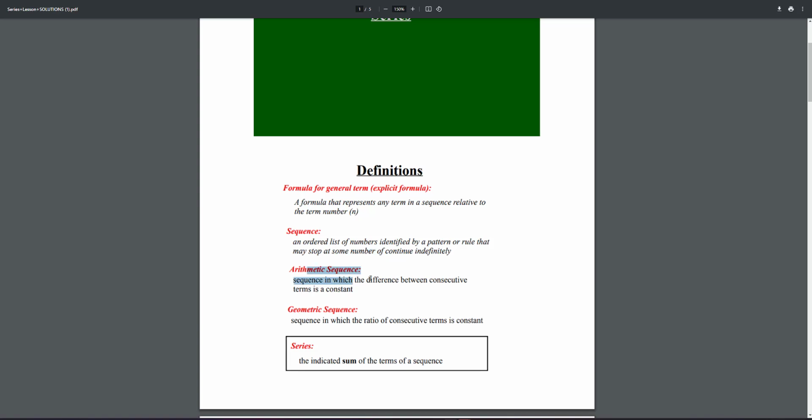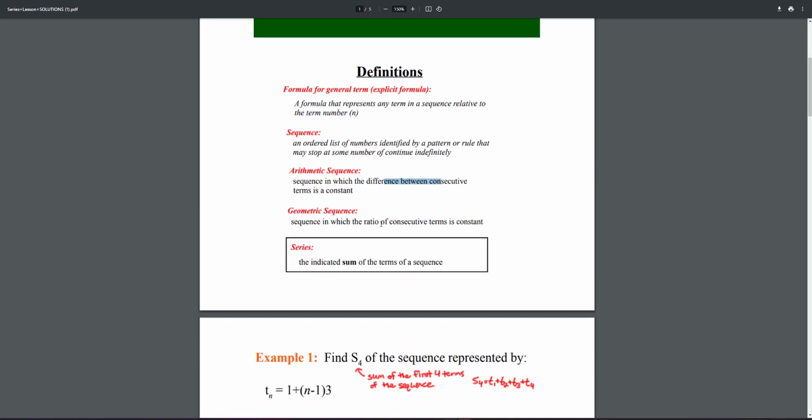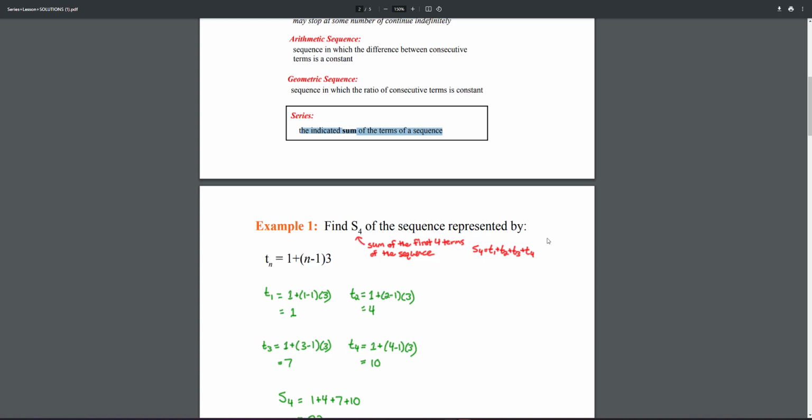Arithmetic sequence is where you have a common difference. Geometric is when you have a common ratio. And series now is the sum of the terms of a sequence. So a series, what we're learning right now, is when you take the sum or when you add up every single term in that pattern.